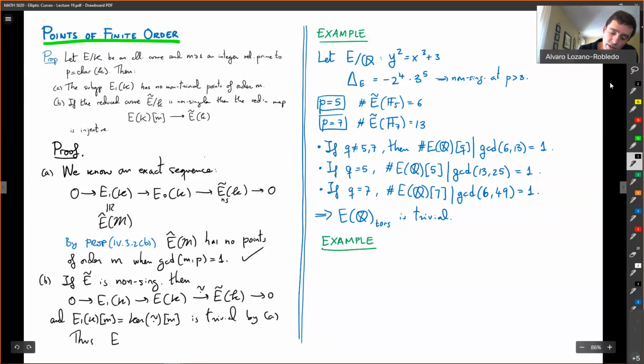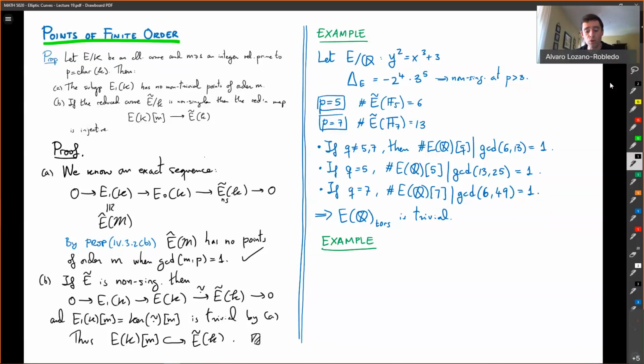Thus, the M torsion injects into the points over the residue field, because the intersection with the kernel is trivial. So we have that injection, and that is just a very, very useful tool.